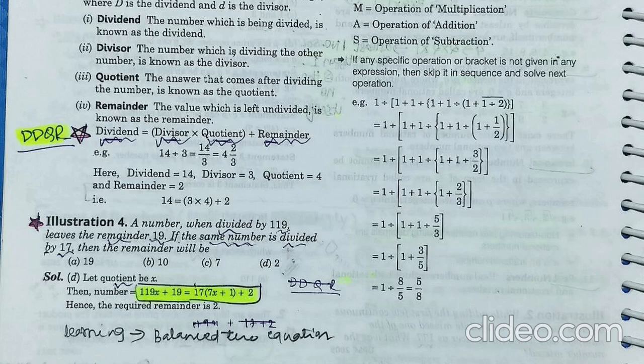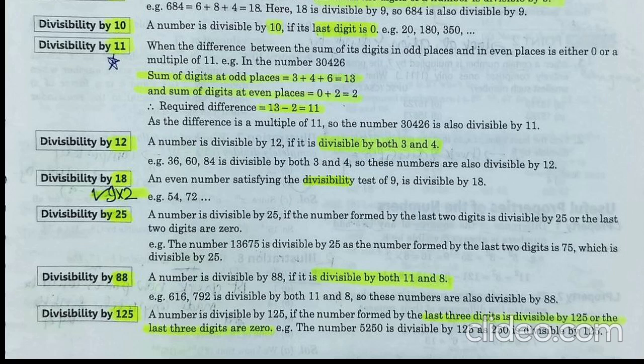In this example, apply the same thing. V means vinculum, so solve those things first. That is 1 by 2. Now bracket, of, then division, multiplication, addition, and subtraction. Right?